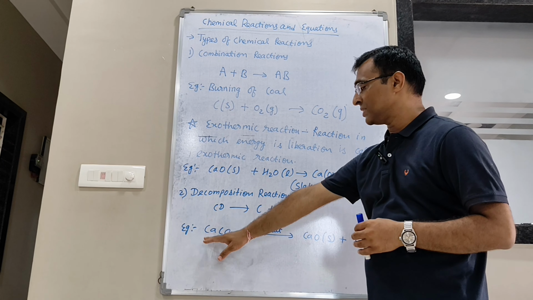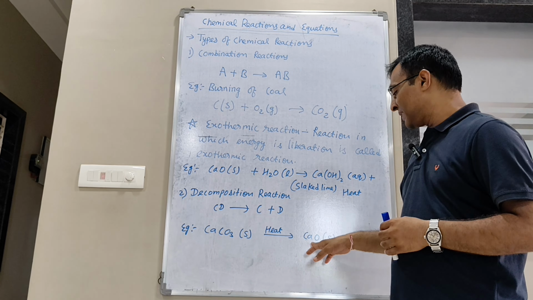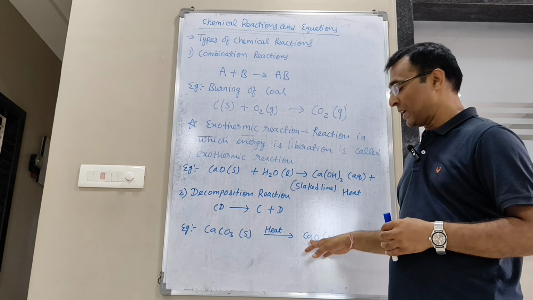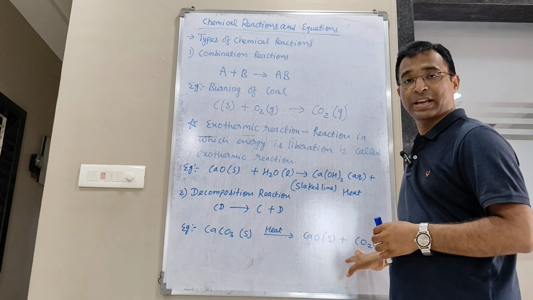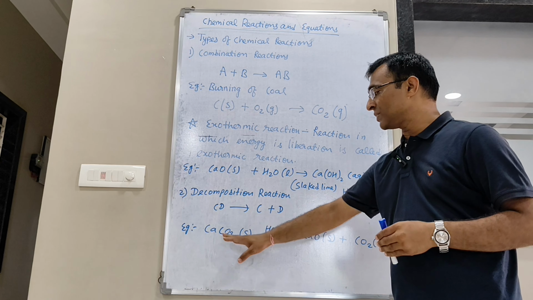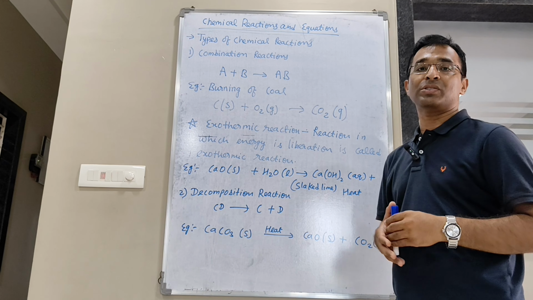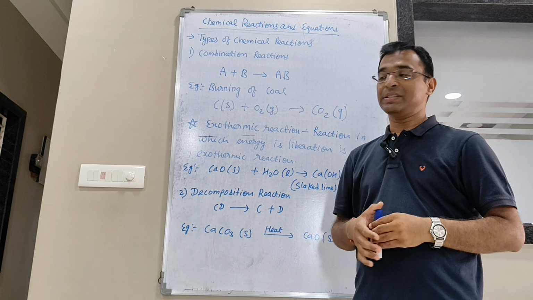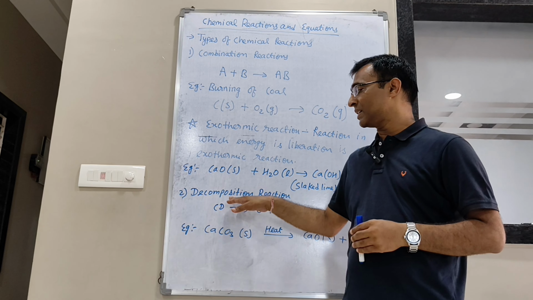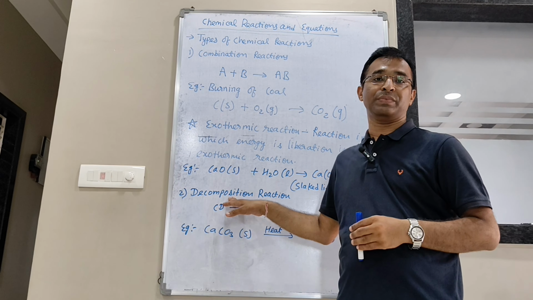Consider an example, CaCO3, calcium carbonate, when heated gives CaO, and CO2 gas is liberated. So here CaCO3 is decomposed into CaO and CO2, its constituent parts. Hope the decomposition reaction is clear to all of you.